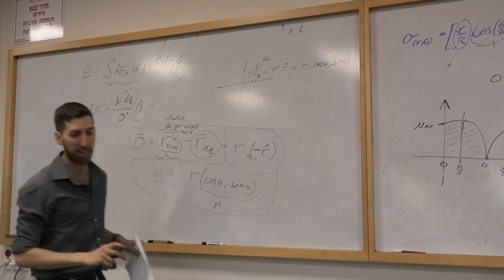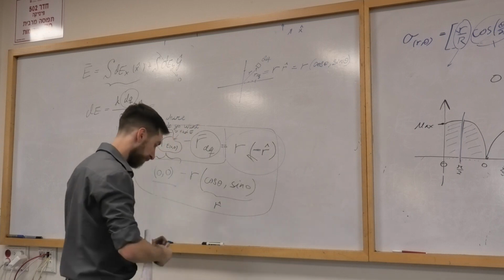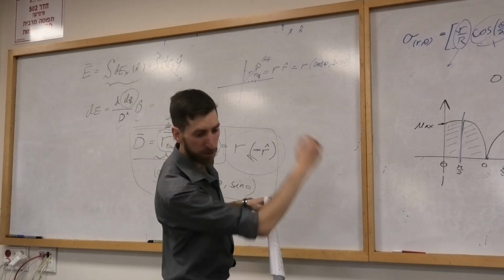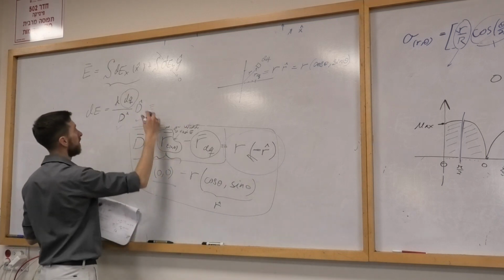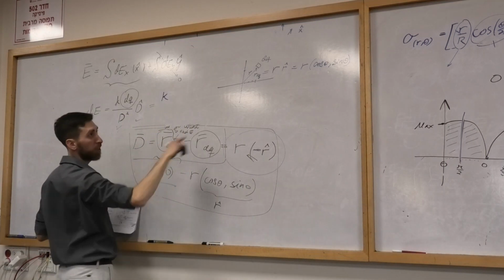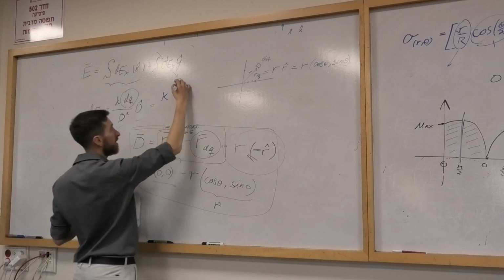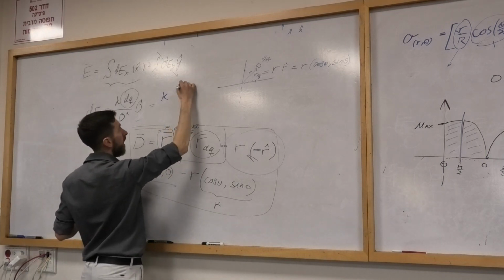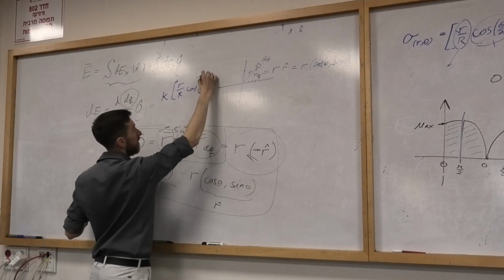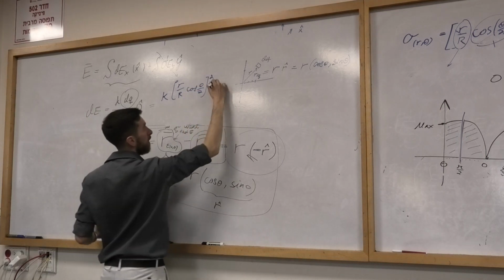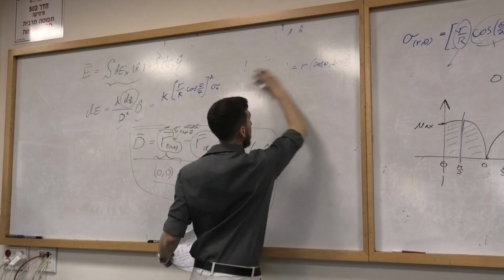We still have to find dq, right? So what is dq equal to? It's the charge density, which is given. Right? It's this ugly monster: R, theta, squared, multiplied by sigma, right?